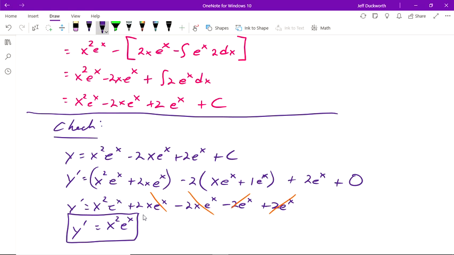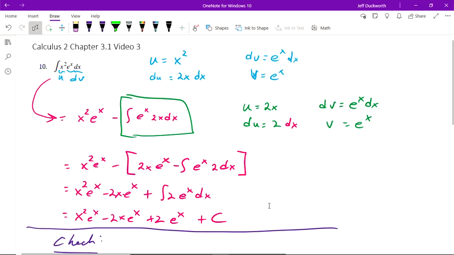And that was our original. So let's go back up here and verify. There you go, x squared e to the x. So again, our solution here is an antiderivative of what that integral is.